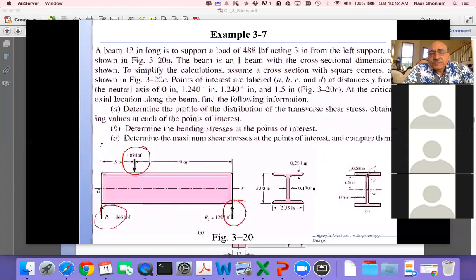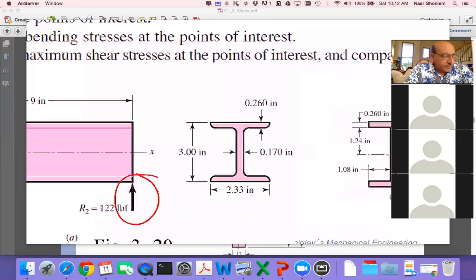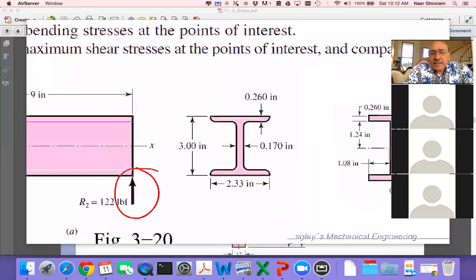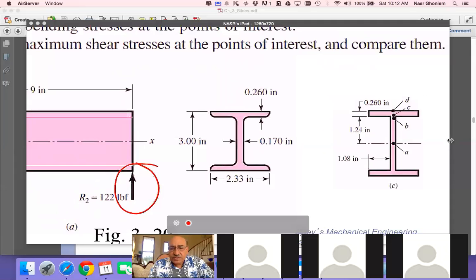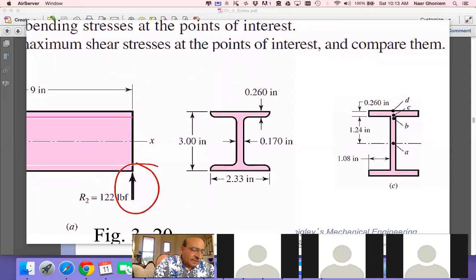One way is to use the parallel axis theorem, and another way is to just do it simply by taking the second moment of area of a rectangle, like this rectangle here, and then subtract the second moment of area of this rectangle here, and then subtract the second moment of area of this rectangle there, which are the same equivalent.